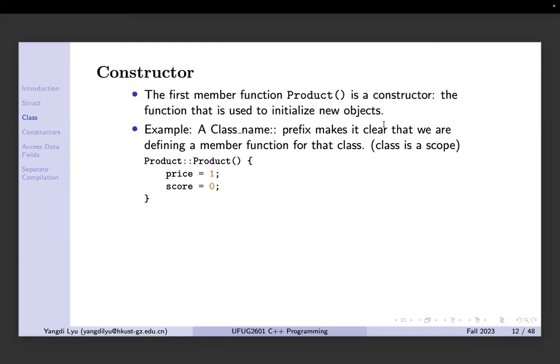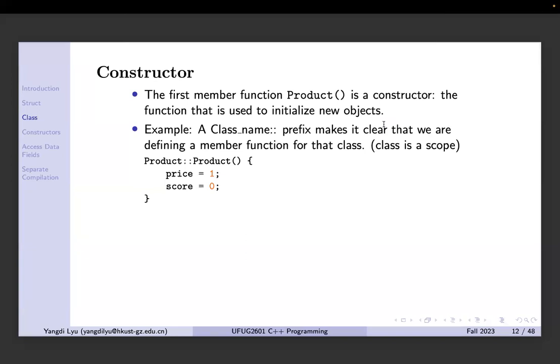The first function is called product, and with empty parameters and no return type, it's called the constructor. We always use the class name and two colons to make it clear that we are defining this function for this class. This is a function inside this class, not any function.